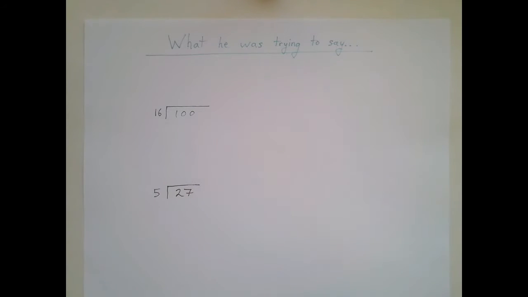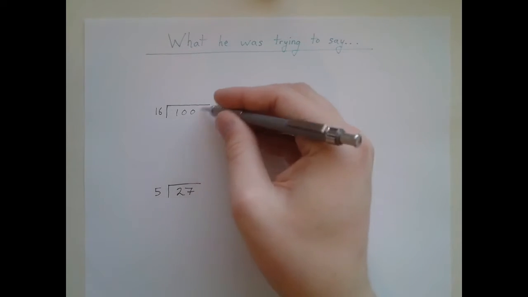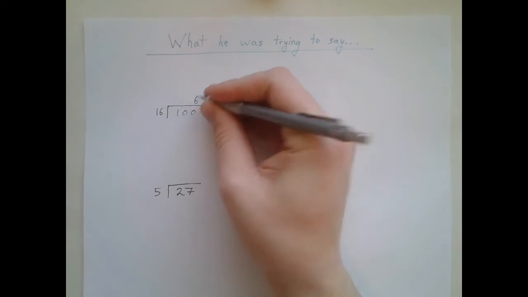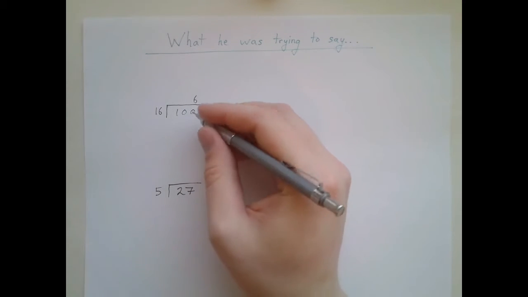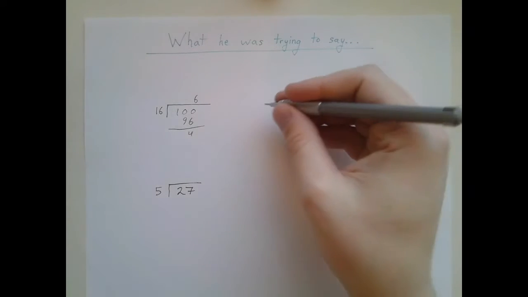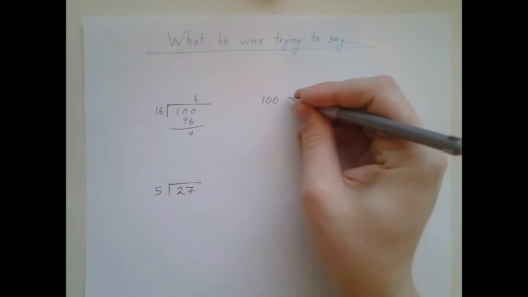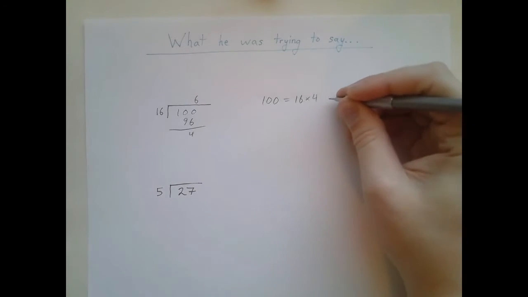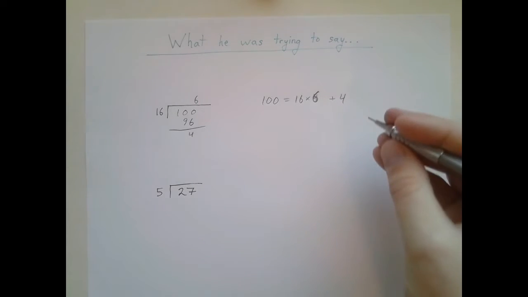So basically, with 100 divided by 16, well, 16 goes into 100 6 times. 16 times 6 is 96, which would leave 4 left over. So basically, 100 equals 16 times 6, with 4 left over.